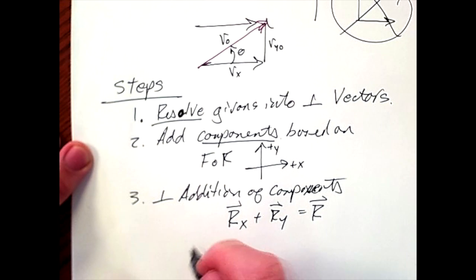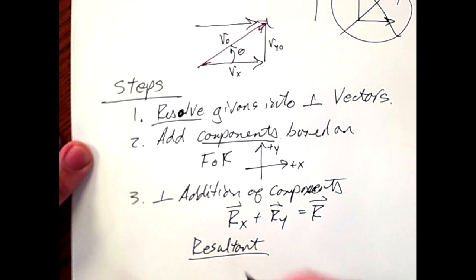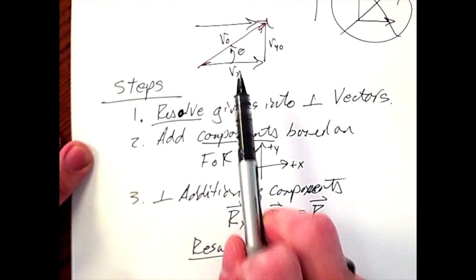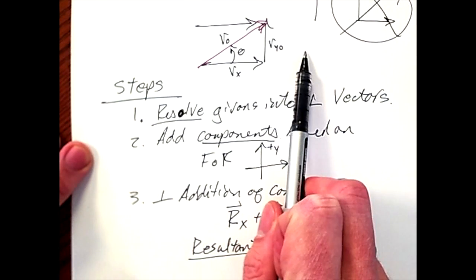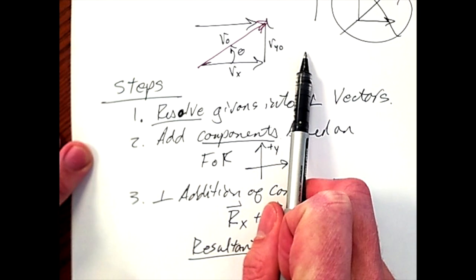That is a weird way of saying the result. The resultant, T-A-N-T, is the answer for adding perpendicular components. And we call this a resultant as opposed to just the result, because it's not just whatever this number is plus whatever this number is. It's the triangulation of those two vectors in order to find the hypotenuse.